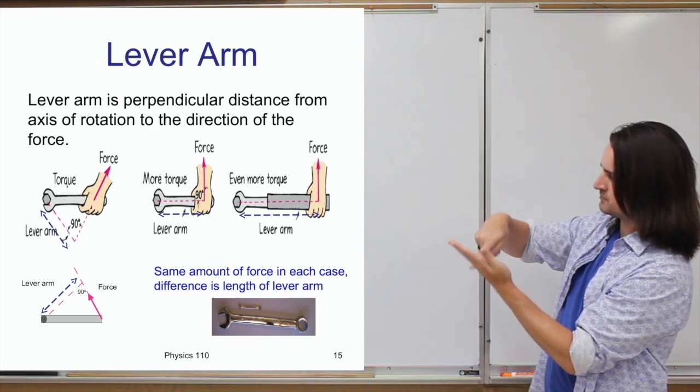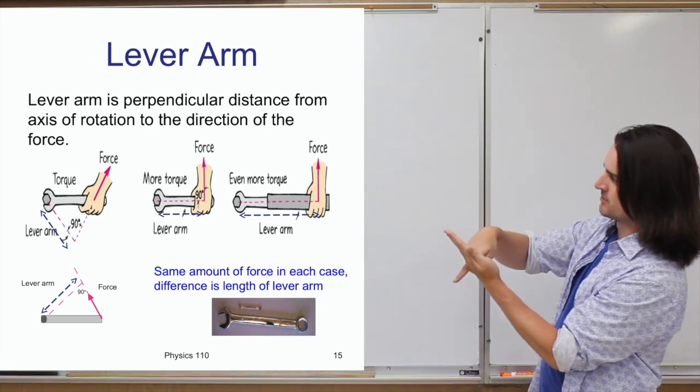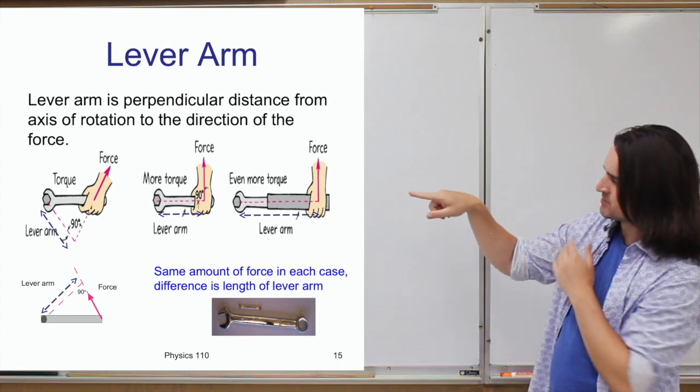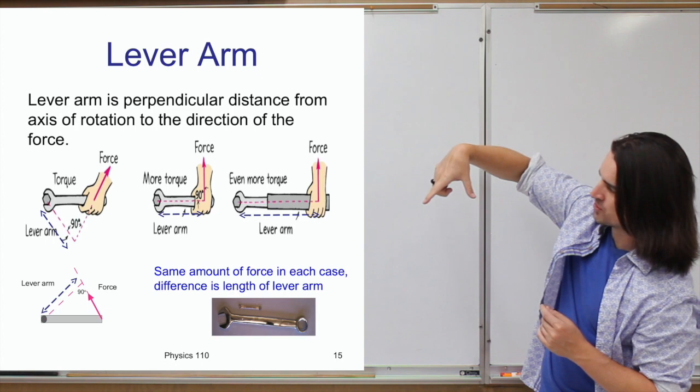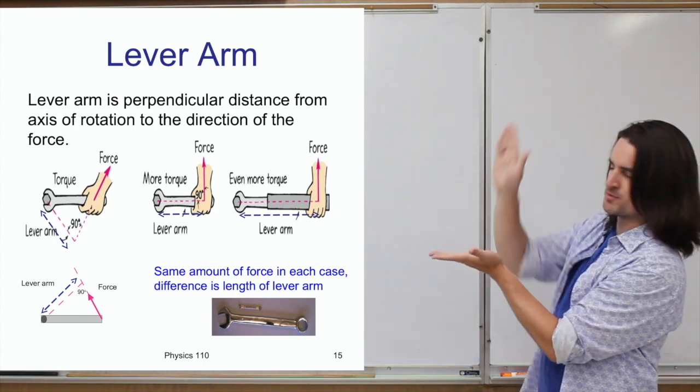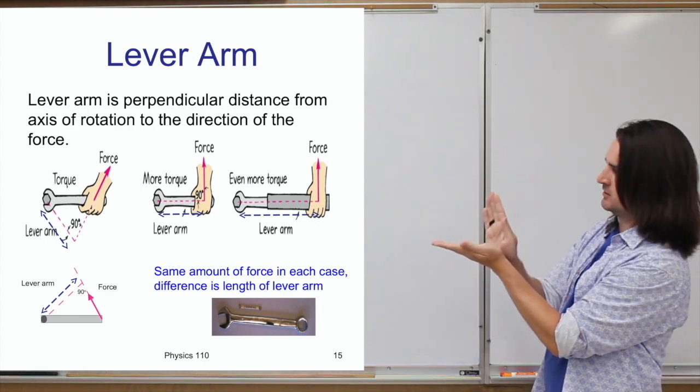We want to hit it at that 90-degree angle. The effect is that the lever arm you have is actually shorter than it would have been if you had acted your force tangent like this, right?